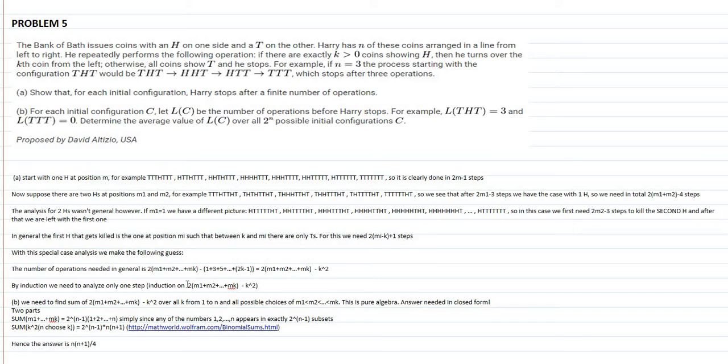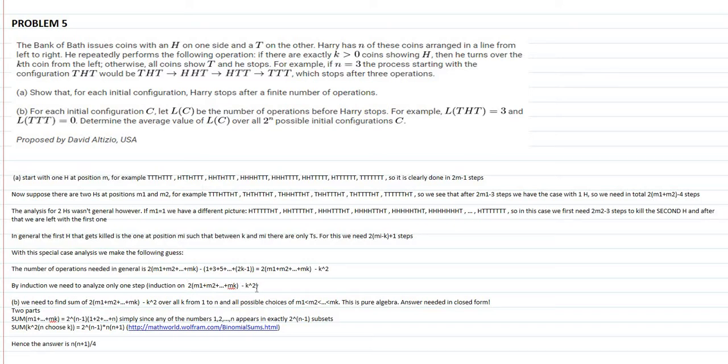So if you do induction on this number, then you can actually do only one step, because usually when people write down the solution, they talk about several steps. So they say, well, you first do this and this and this, and then you kill the first h, and then you proceed with the second h, and so on. But actually, if you formulate it like this, you can proceed by induction on this number.